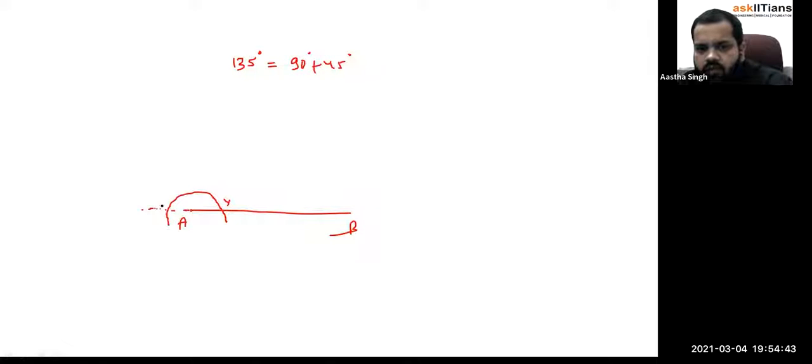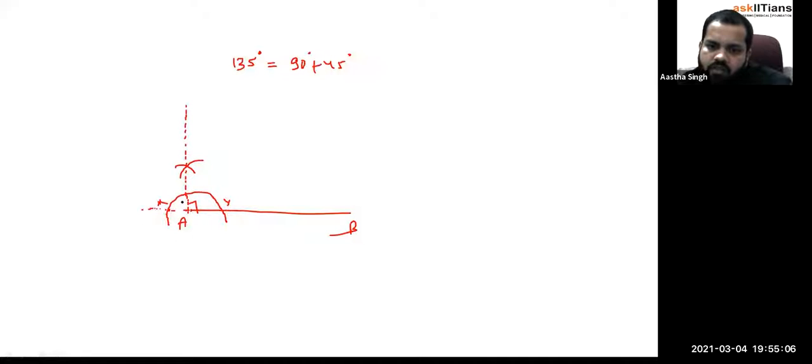You will get your point X. With the compass pointed at X and more than half of XY, make an arc like this from that point to this. You will get your 90 degrees. So this angle is your 90 degrees, and this whole is your 180.